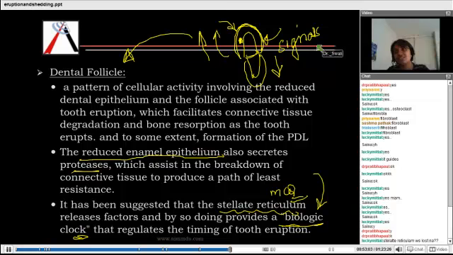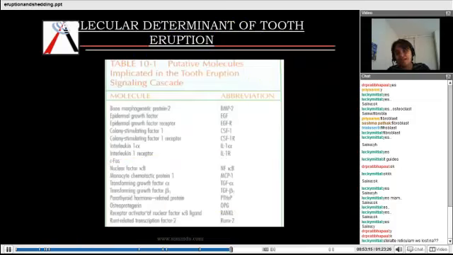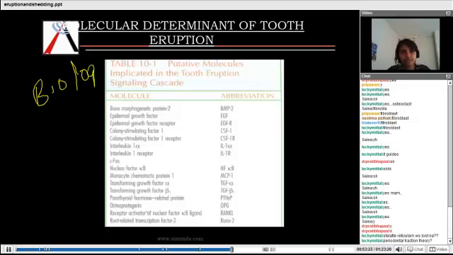So these are the suggested or proposed theories about it. And the authors who do not support this theory put in that argument that yes, the stellate reticulum is already collapsed, isn't it? But till now, that is the only thing people have proposed, that the stellate reticulum may be a probable source of the biologic clock signal.